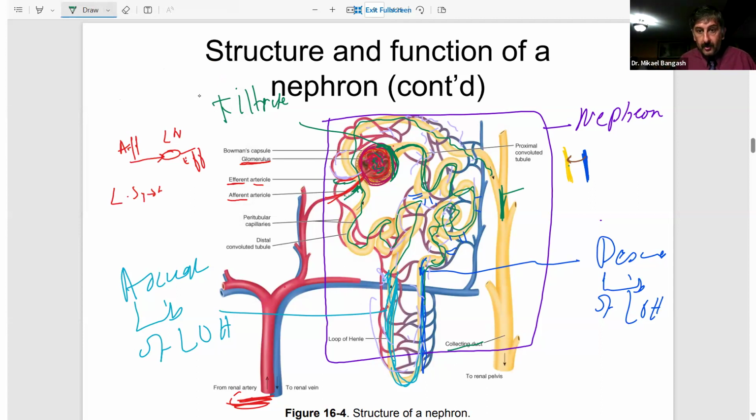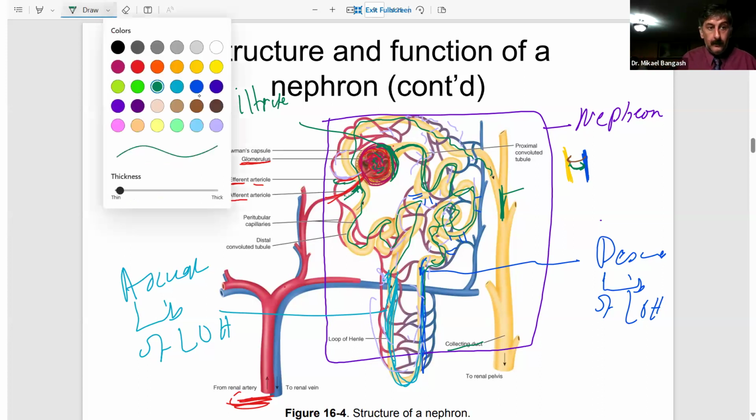And that's going to leave the tubule and get reabsorbed by the blood. Things such as some salts, some minerals, sugars, etc.